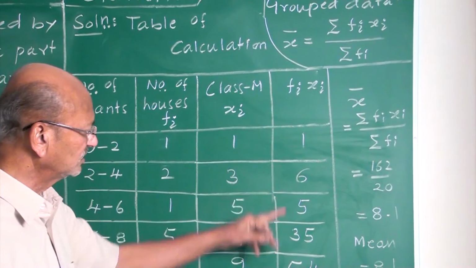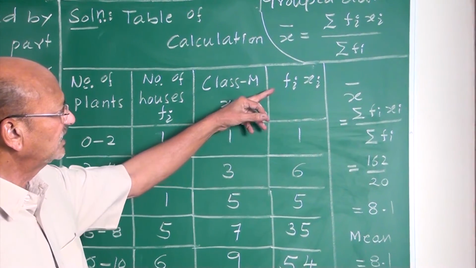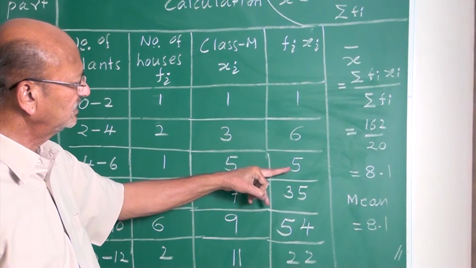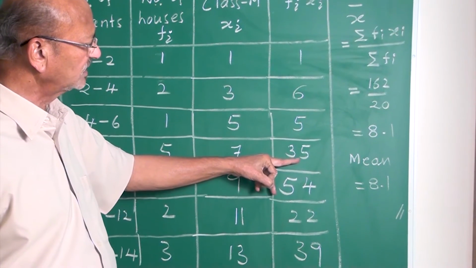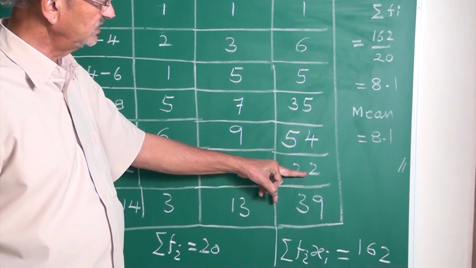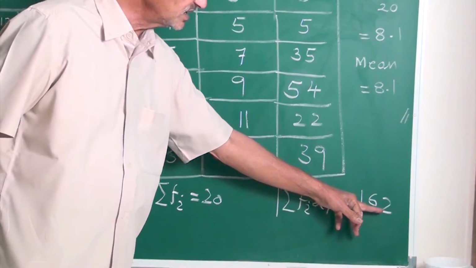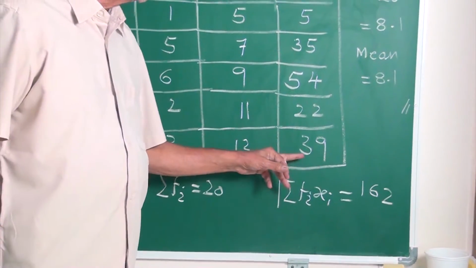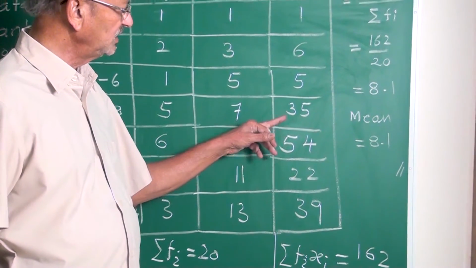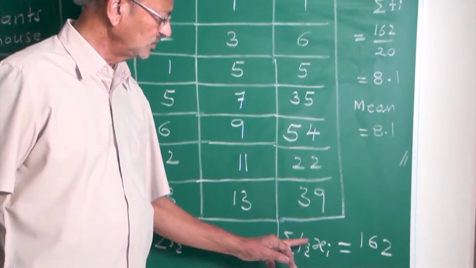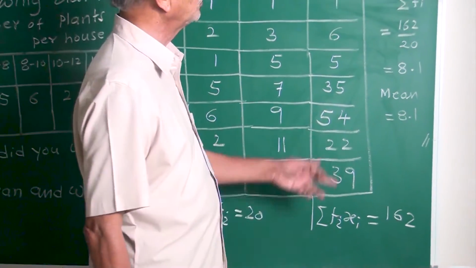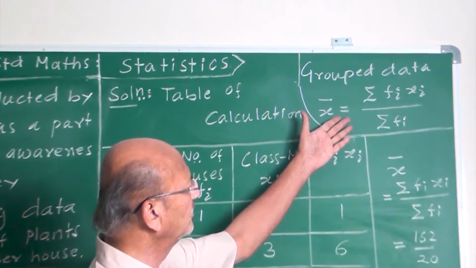Then fi xi: 1, 7, 12, 17, 21, 23 plus 9 is 32. 3 plus 3, 6 plus 2, 8 plus 5, 13 plus 3, 16. So the sum of this last column is 162.